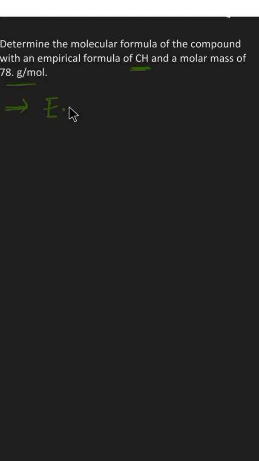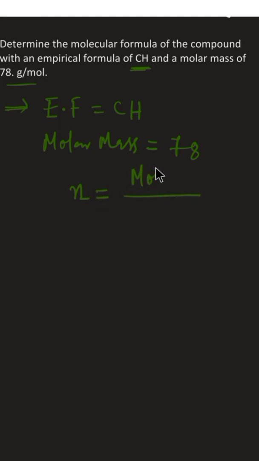Empirical formula, and it is CH, and the molar mass is also given. So you remember what was the formula we have just shown you? The formula was like that, n equals to molar mass divided by the empirical formula mass, right?